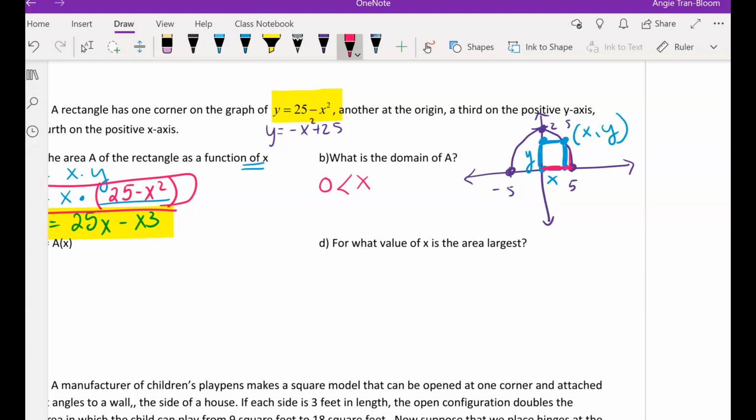The largest base I can make has to be no more than 5, so non-inclusive 5. Why 5? Because this rectangle is inscribed inside of this parabola, so it cannot go any further than the x-intercept.